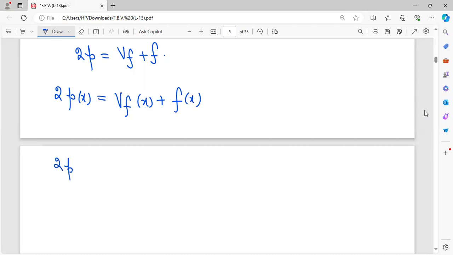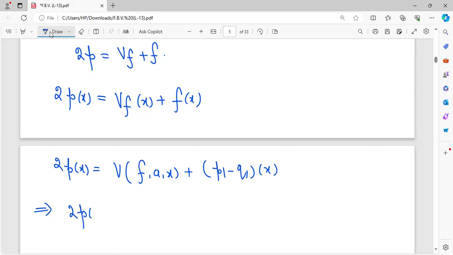It means 2P(x) is equal to Vf(a,x) plus f(x). What is f? P1 minus Q1. So this implies 2P(x) is equal to Vf(a,x) plus P1(x) minus Q1(x).